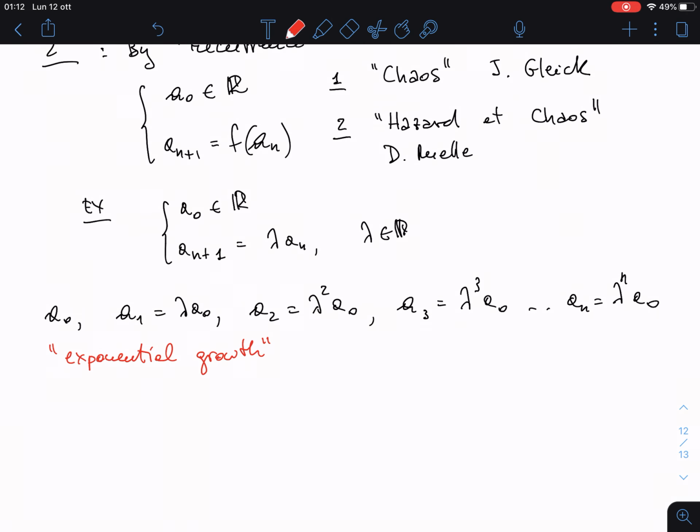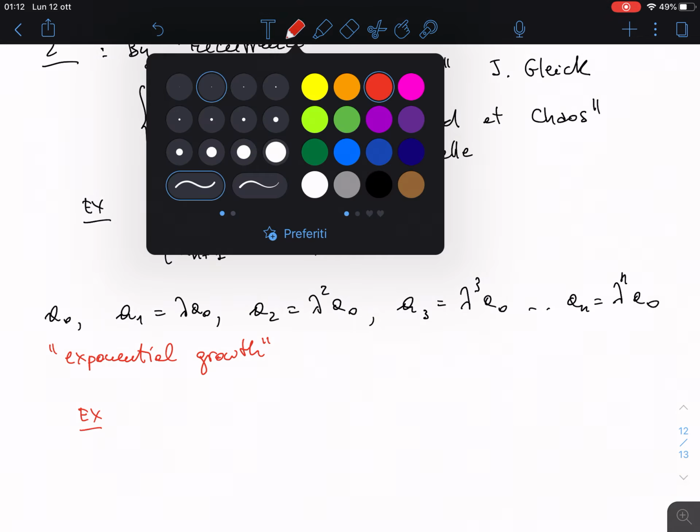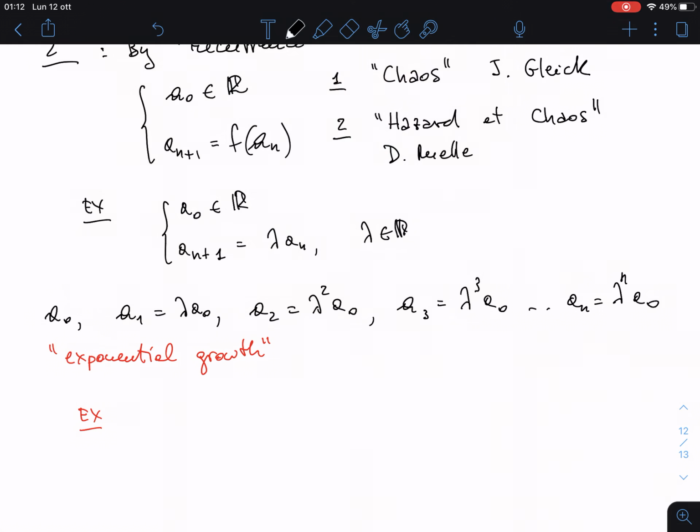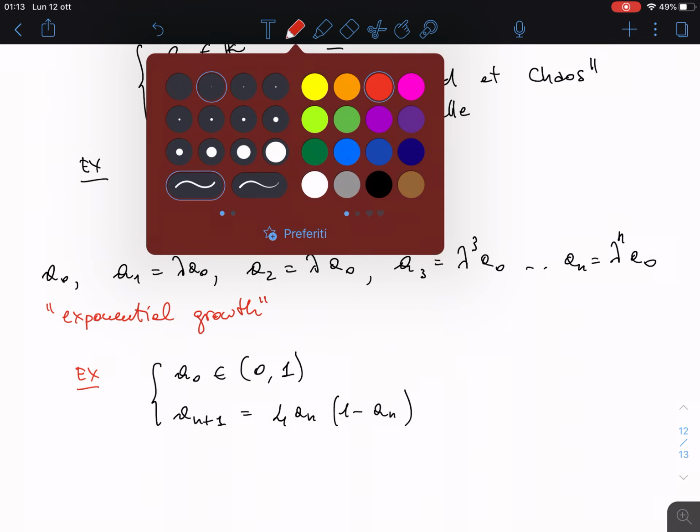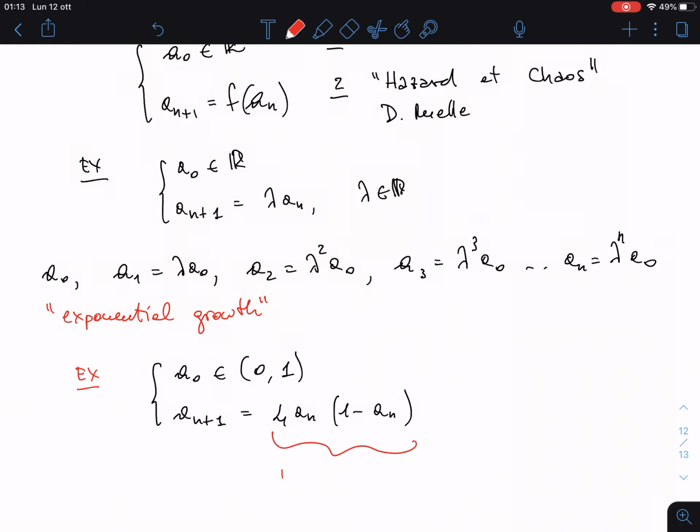A more interesting example from the point of view of the theory is the following. You have an initial datum a_0, which is taken somewhat randomly between 0 and 1, and then a_{n+1} is 4 a_n (1 minus a_n). So this is a parabola as a function of a_n. So it is a very simple function.